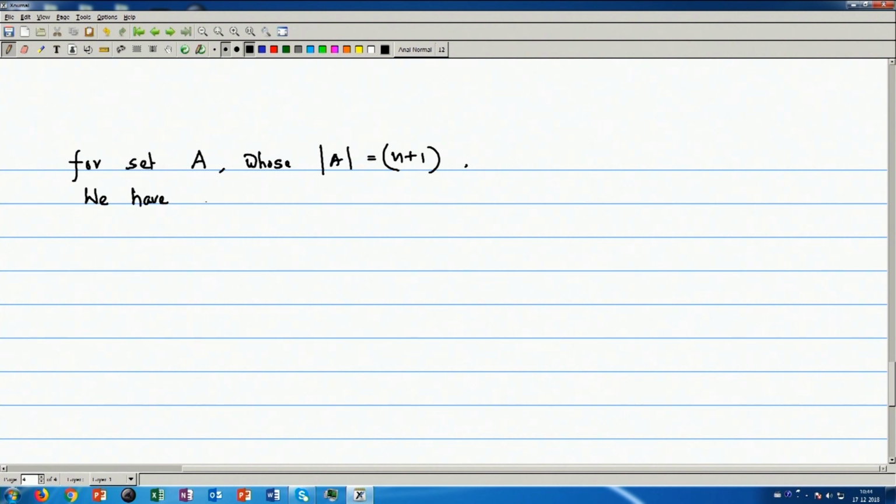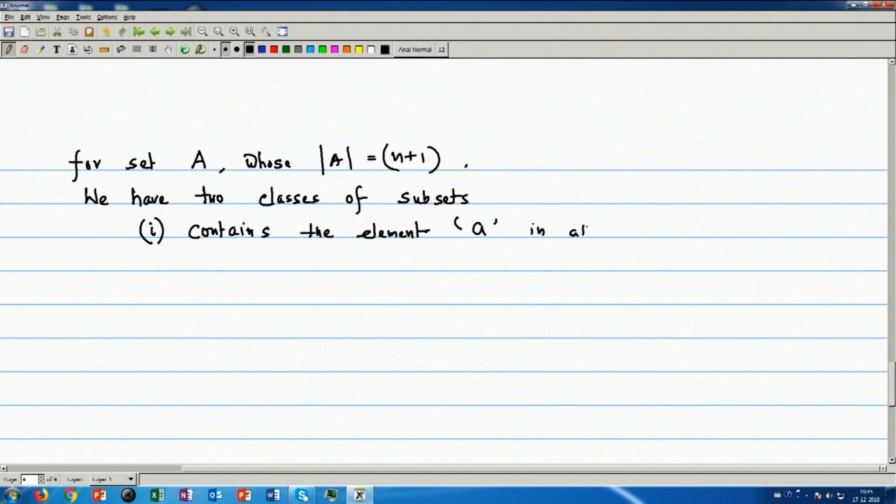The first category contains the element a in all the subsets.